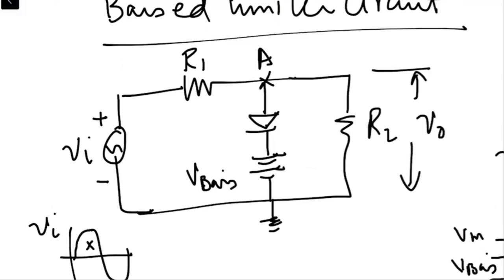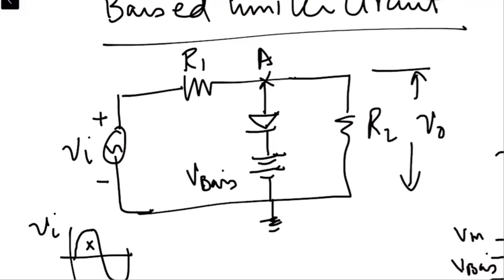When point A is having voltage which is less than V bias, this means the diode will remain in the off position, or the diode is not forward biased, right?